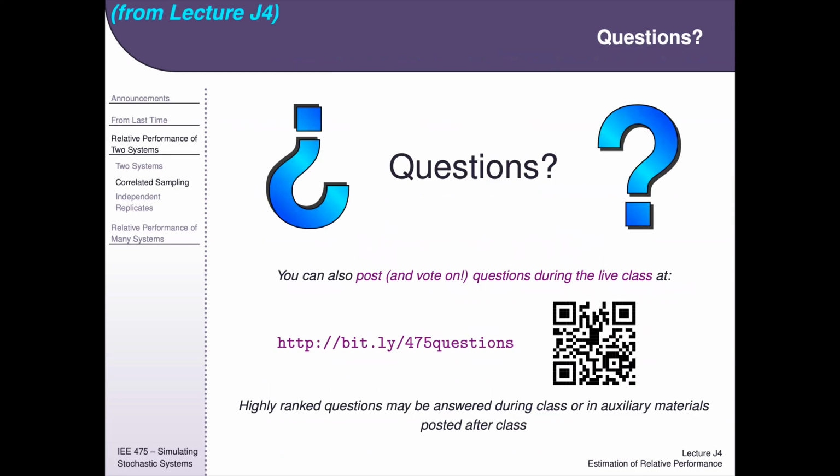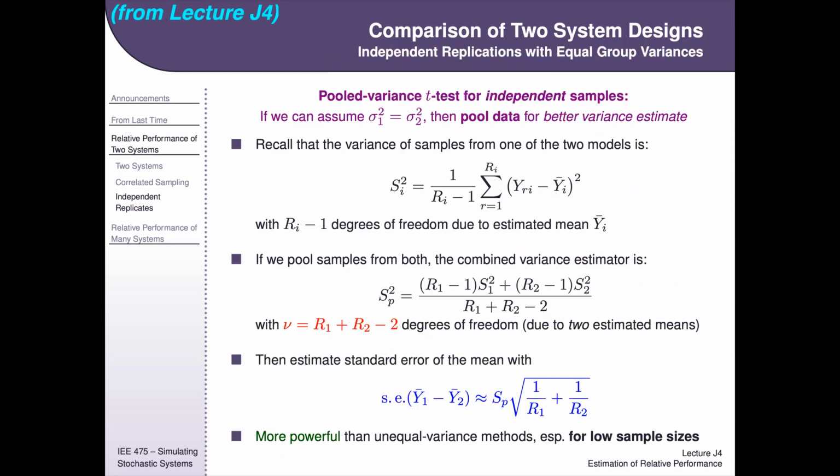Okay, now where it gets interesting is what happens when we can't do that pairing. In this case, we really are running the two models independently of each other. So we don't have the ability to reduce the variance by introducing positive correlation.